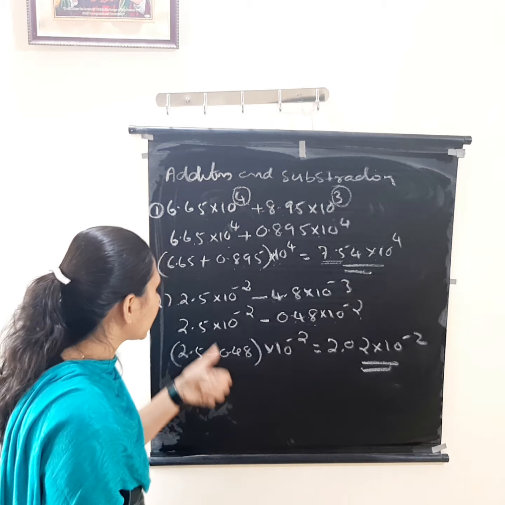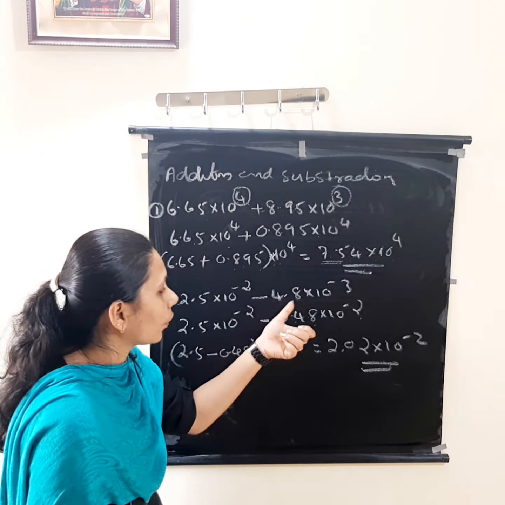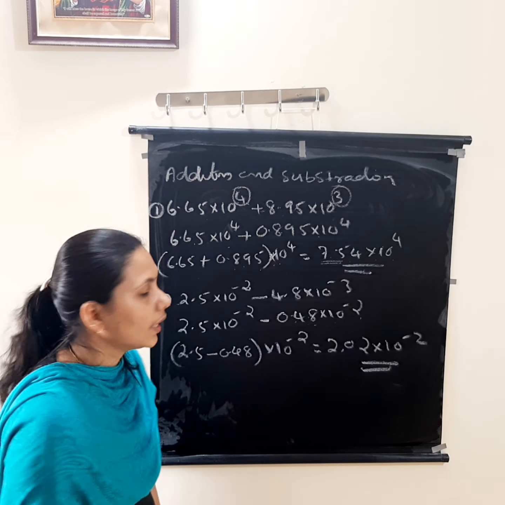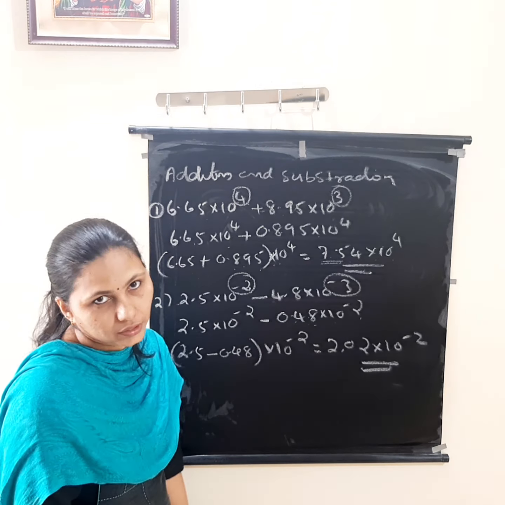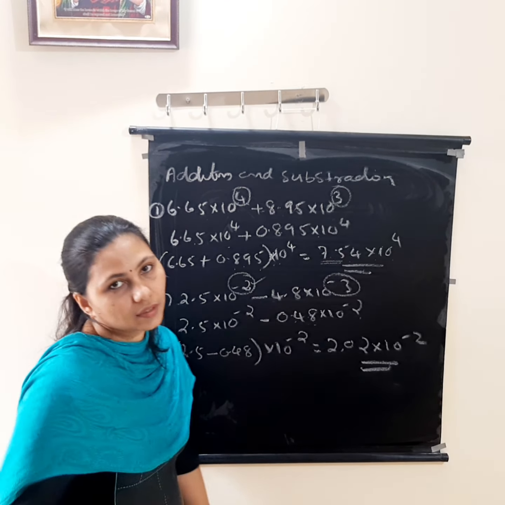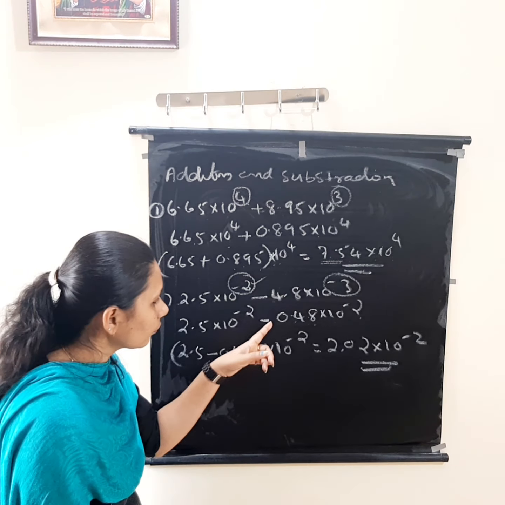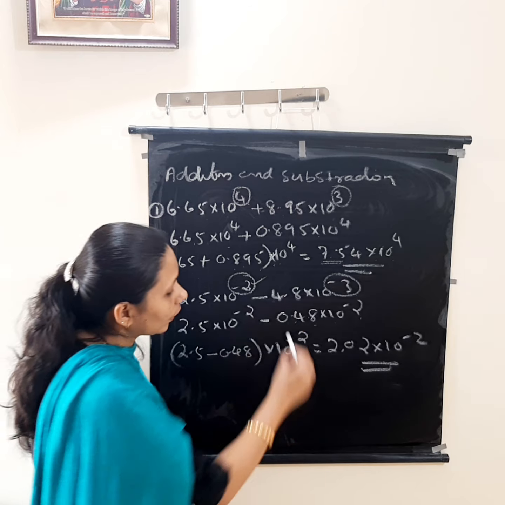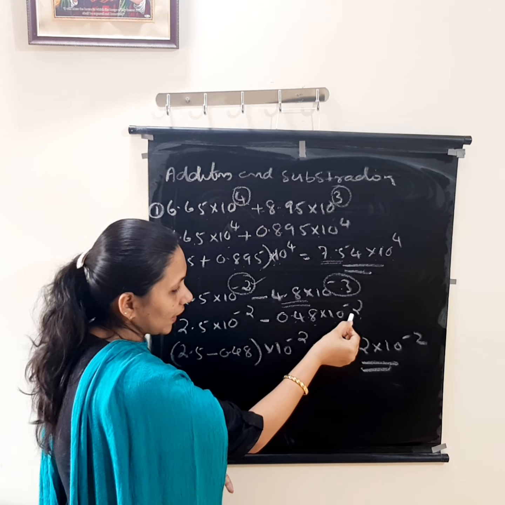Next problem: here you can see 2.5 into 10 raised to minus 2 minus 4.8 into 10 raised to minus 3. Here the exponents are minus 2 and minus 3. So what do you have to do? You have to make them common or the same. So I am making minus 2 the common one. So the first term is 2.5 into 10 raised to minus 2 minus 0.48. How can I convert 4.8 into 10 raised to minus 3? I am converting to minus 2.